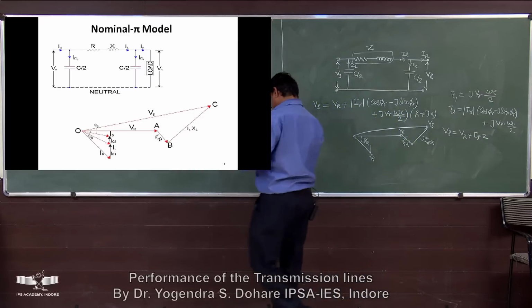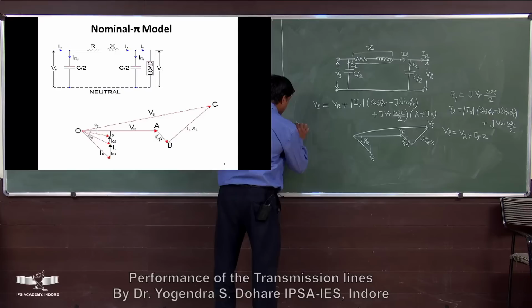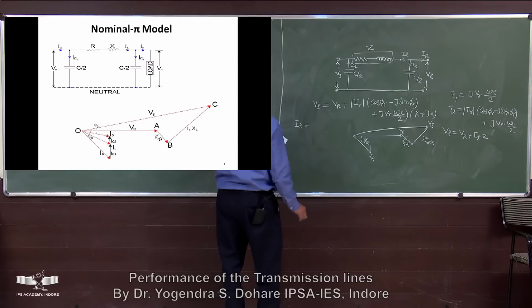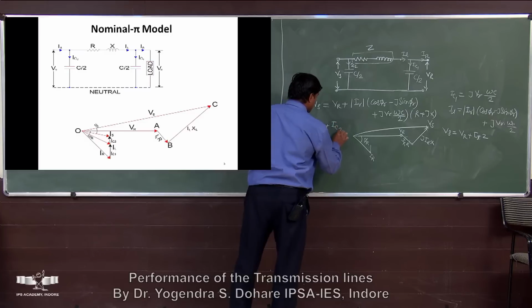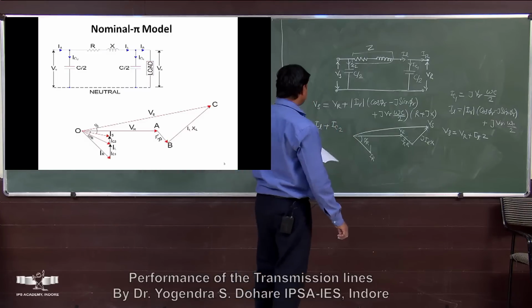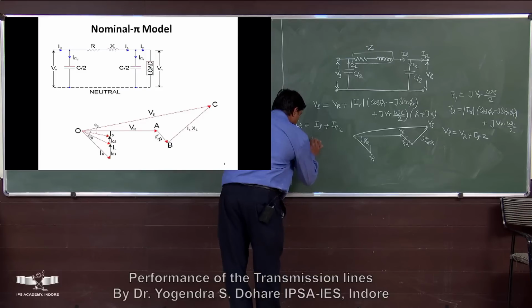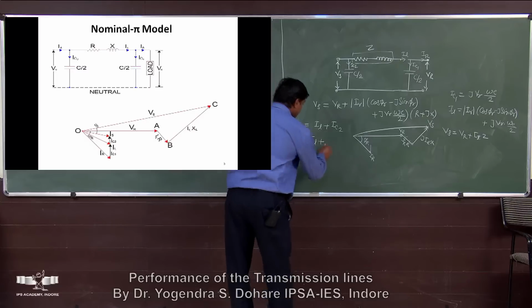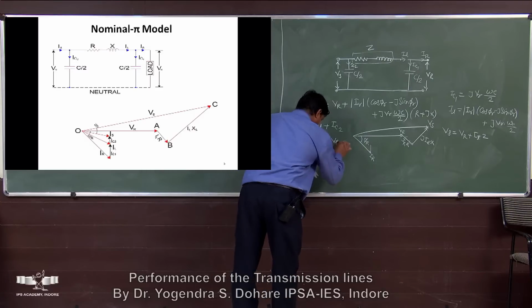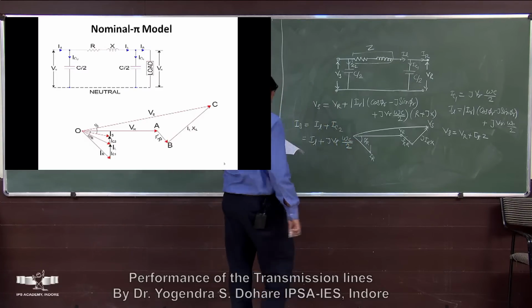In this model we can also write IS equal to IL plus IC2, and we can also write IC2 equal to j Vs into omega C divided by 2.